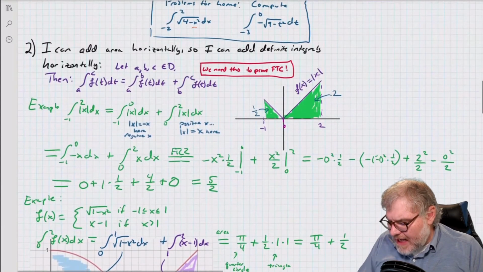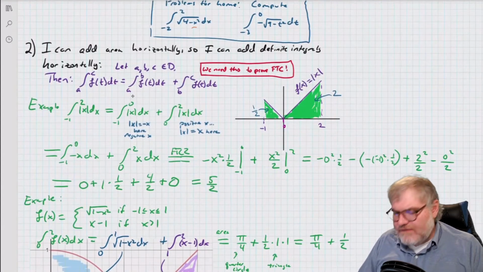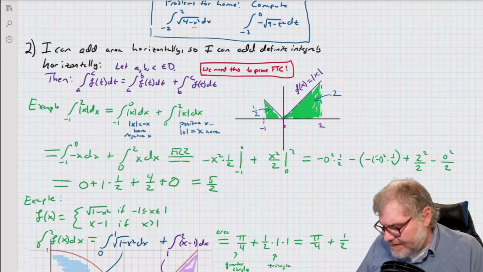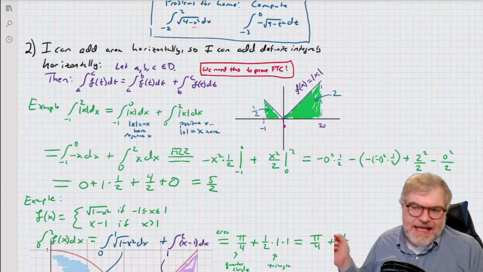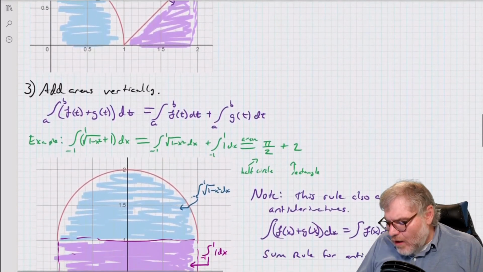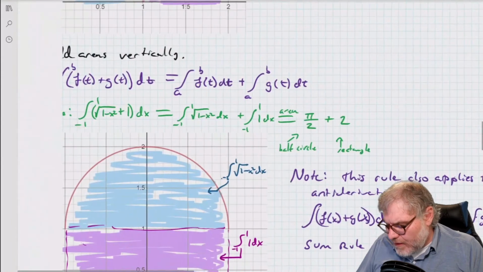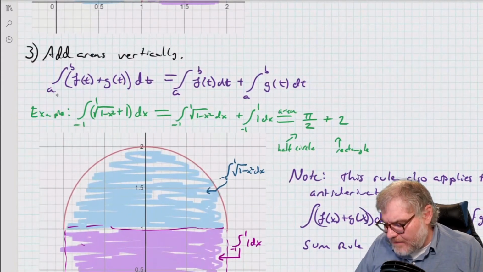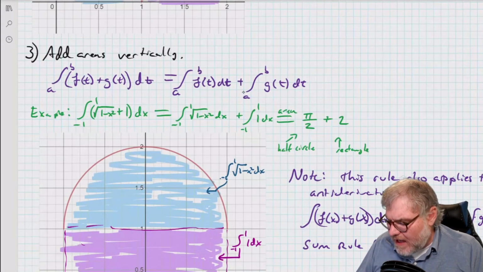So as I said, I can add horizontally. If I've got an intermediate point, I can just go from A to B and then go from B to C and add the areas together. I can also add vertically, which means that the integral from A to B of f of t plus g of t dt is the same thing as the integral from A to B of f of t dt plus the integral from A to B of g of t dt.